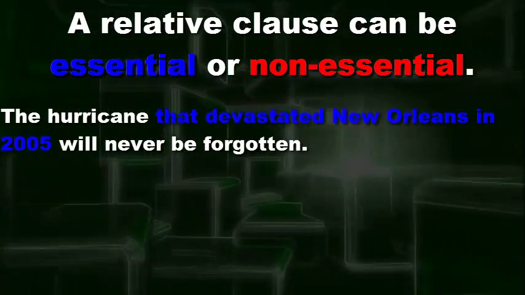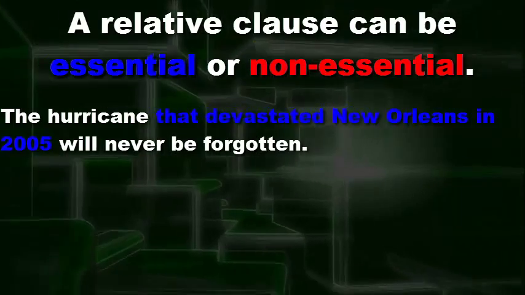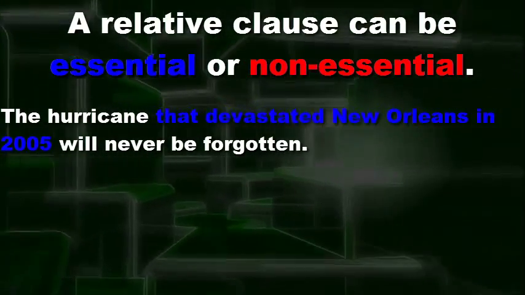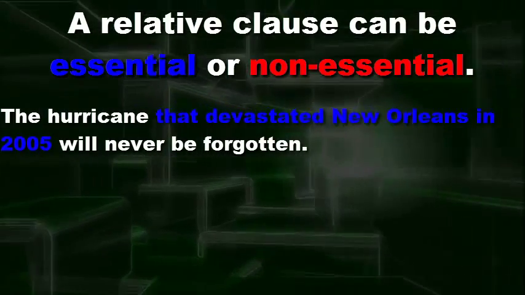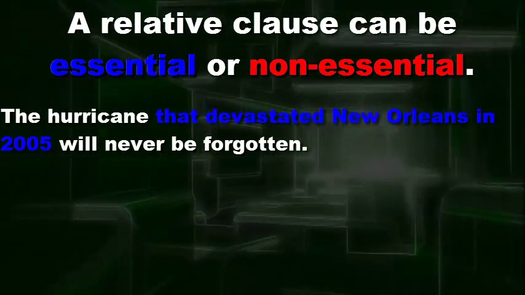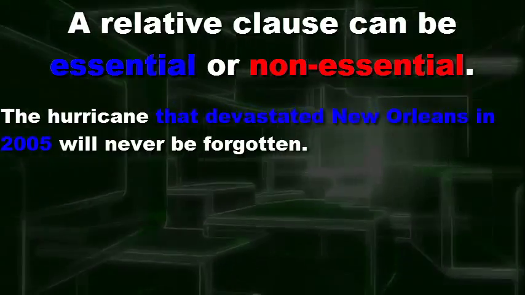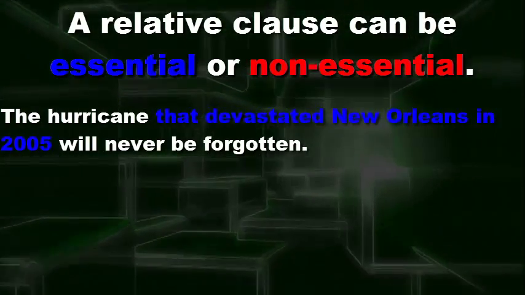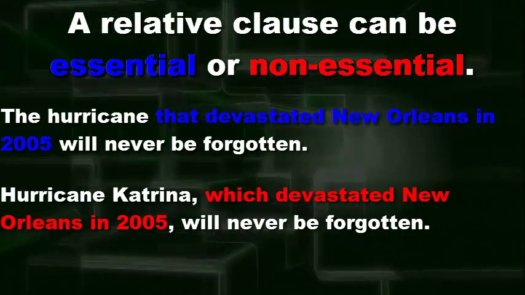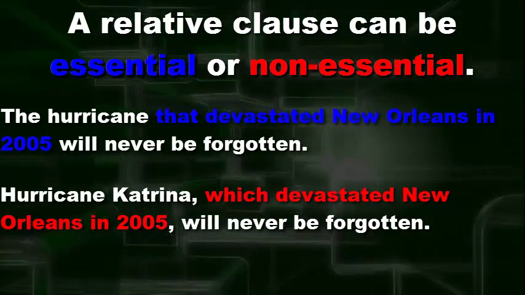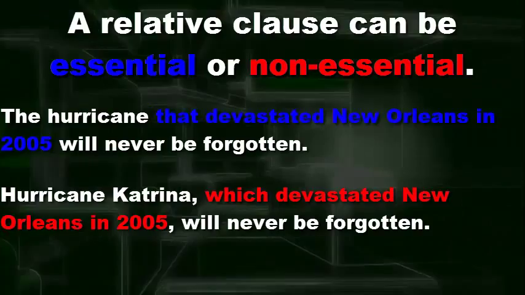The hurricane that devastated New Orleans in 2005 will never be forgotten. The relative clause in this sentence is essential because it identifies the hurricane that will never be forgotten. Hurricane Katrina, which devastated New Orleans in 2005, will never be forgotten.